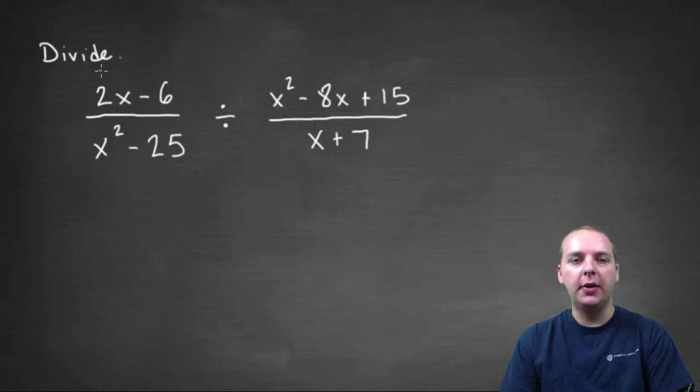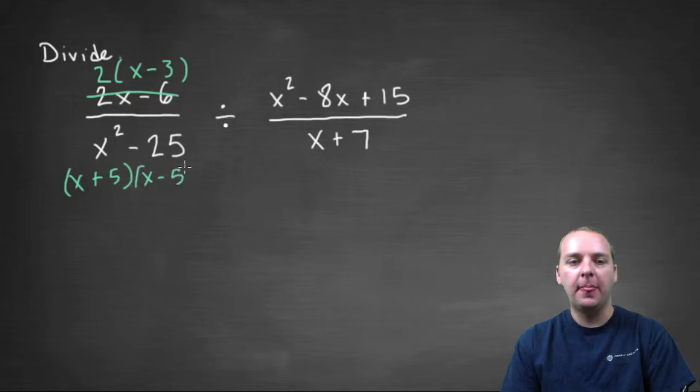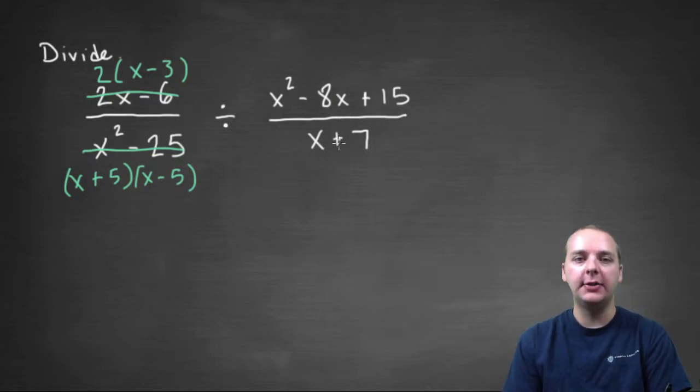This numerator, you could pull a 2 out of that and have 2 times x minus 3. This denominator is the difference of squares, so you'd have x plus 5 times x minus 5. The second rational expression is called the divisor, that's the one we're dividing by.